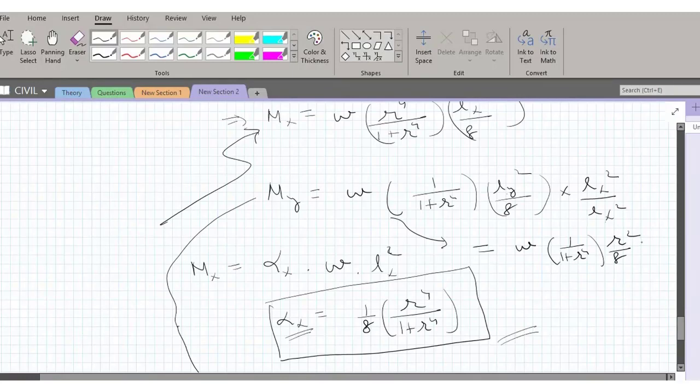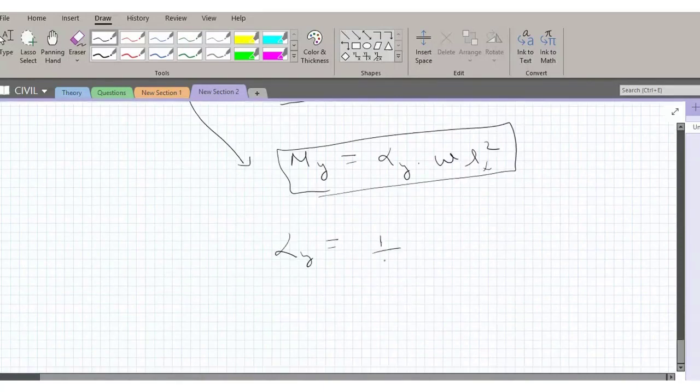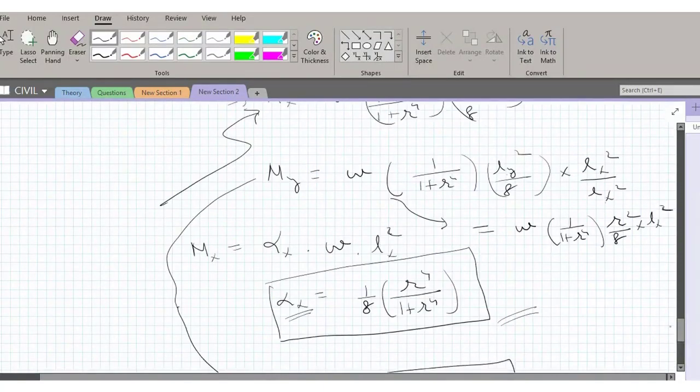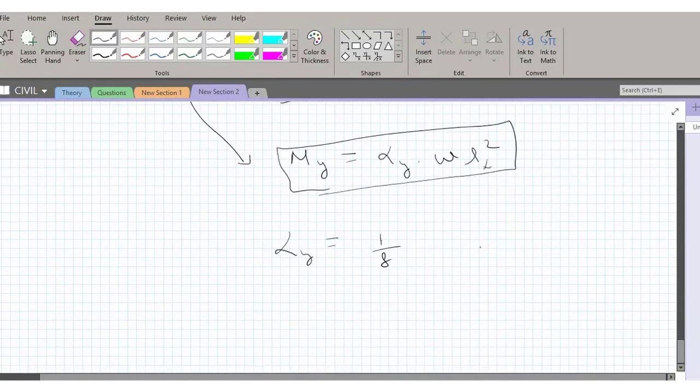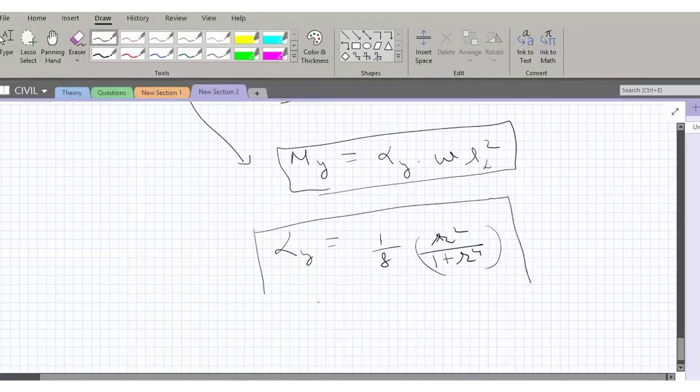So what will be your alpha y? Alpha y I can write as 1 by 8 into R square divided by 1 plus R to the power of 4. This is your alpha y, for a simply supported slab without restraining it.